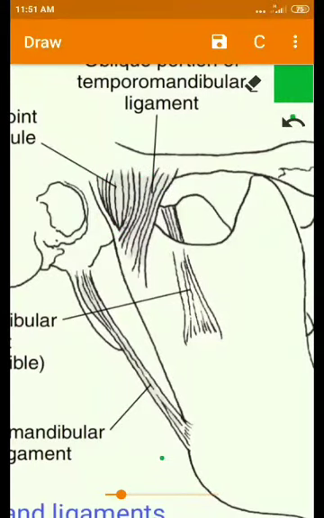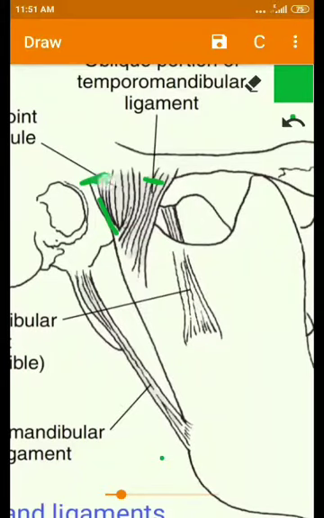We'll see again. Inferiorly the capsule is attached to the neck of the mandibular condyle. Superiorly it is attached to the articular eminence anteriorly, and in the superior posterior aspect it is attached to the squamotympanic fissure.